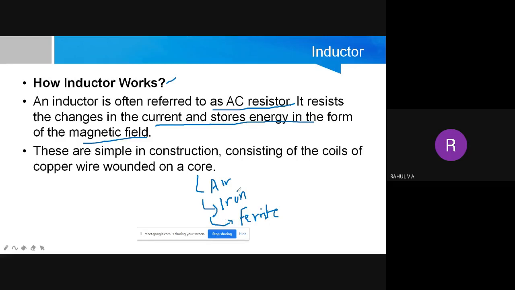Okay, so it is actually a coil which is used to store energy in the form of magnetic field. So it is an AC resistor. Okay, so when you have AC supply, it will resist the changes in the current. So that is the definition of inductor.